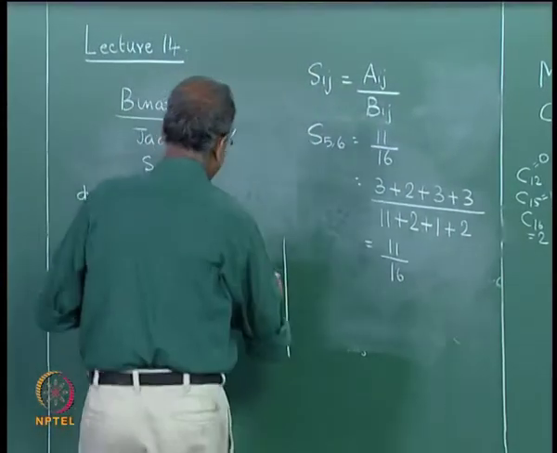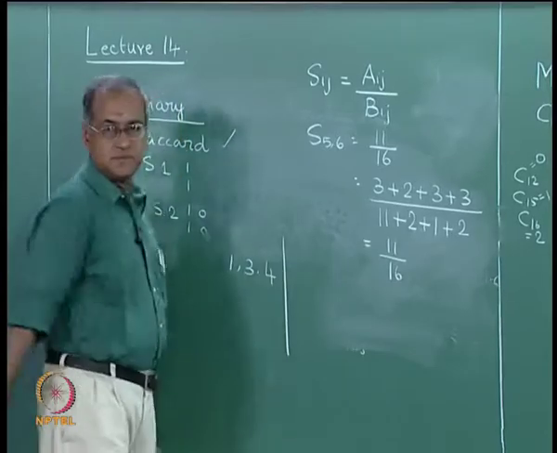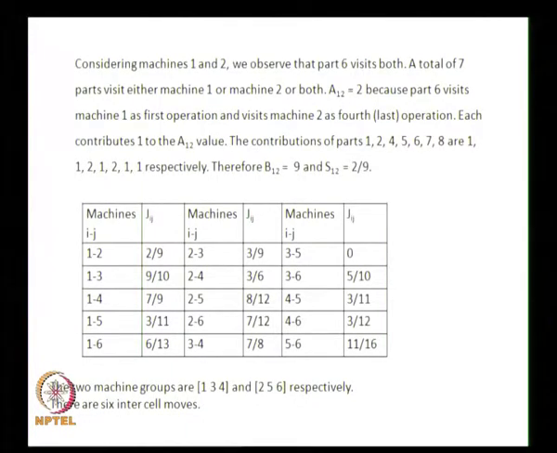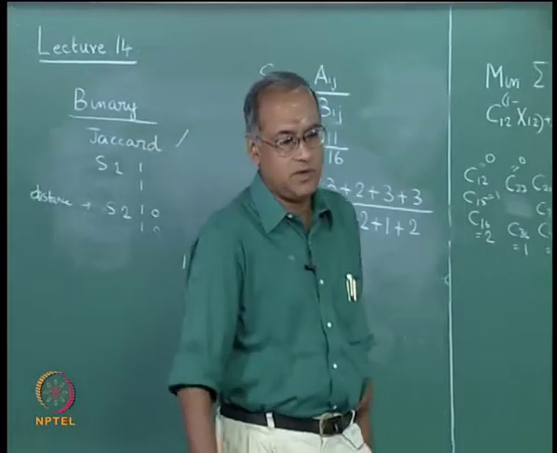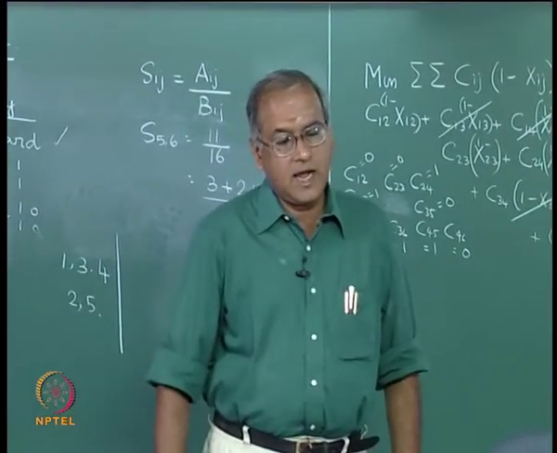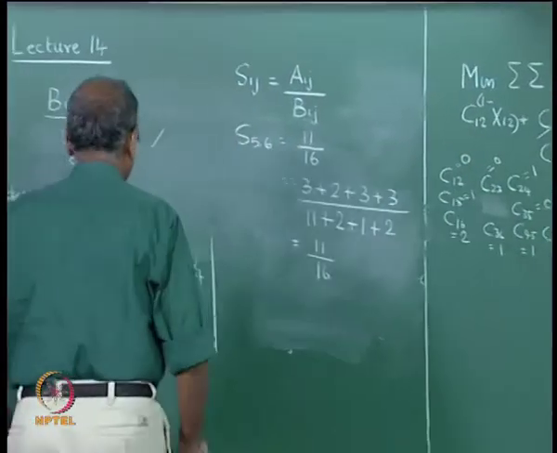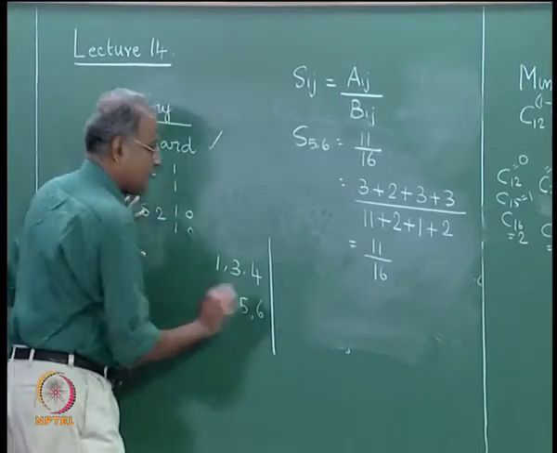So, 4 will join 3. The next maximum will be 2 to 5 is about 75%, 8 by 12. 5 to 6 is less than 70%, 2 to 6 is also less. So, 2 to 5 is the next highest. So, 2 to 5 will form another group, will form the second group, and we will add 6 to it. So, 2, 5, 6 will come here.